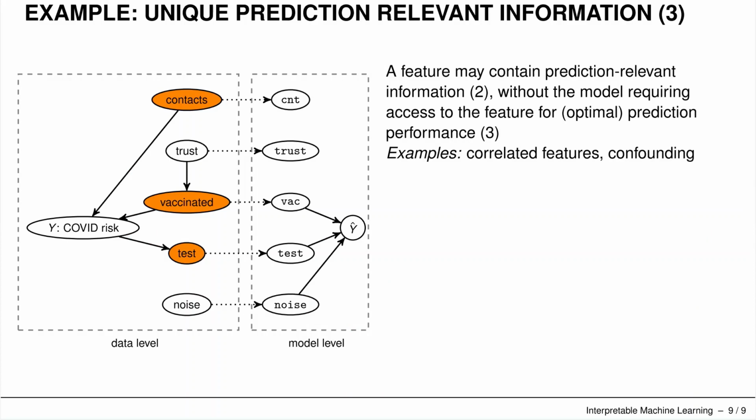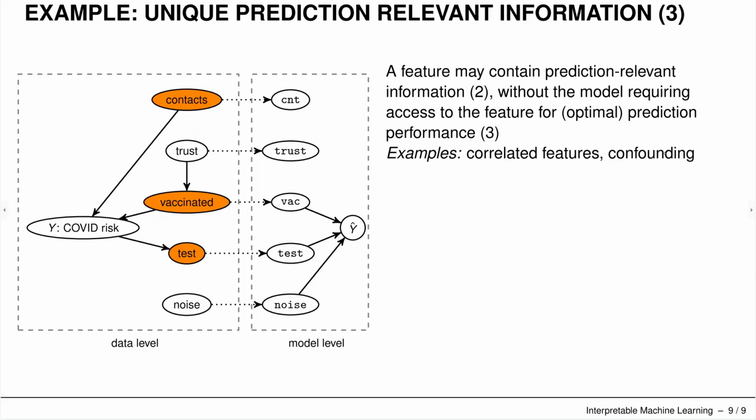So to give an example, you first might look at correlated features. So trust and vaccinated are correlated in the way that with increased trust, you have a higher vaccination rate.